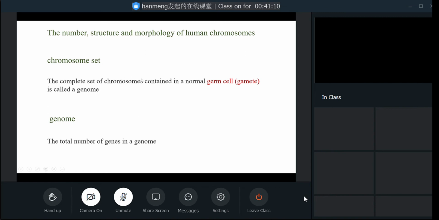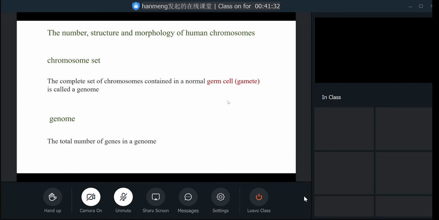The chromosome set is in a normal germ cell. So, in human beings, how many chromosome sets are there? Two. Yes.